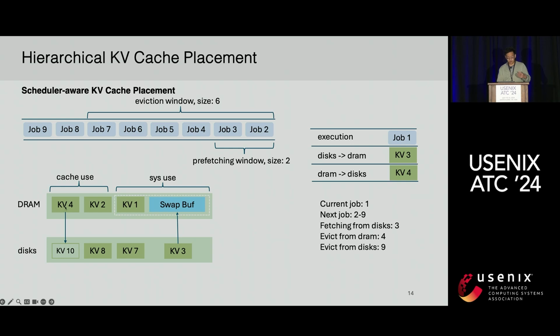Here, because KV4 is the next job and it's not in the prefetching window, we swap the KV cache of job 4 into the disk. However, the disk is full, so we need to pick some KV cache to evict from the KV caching system.